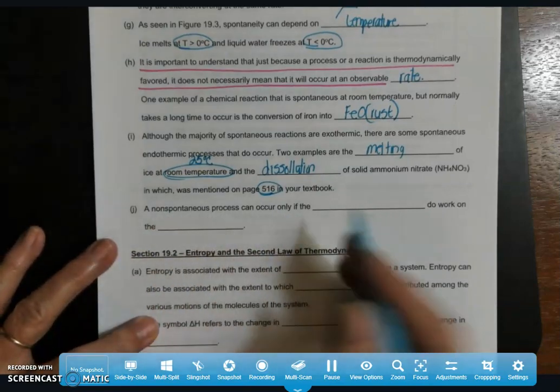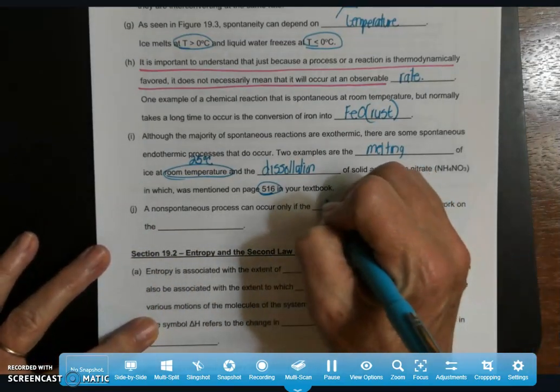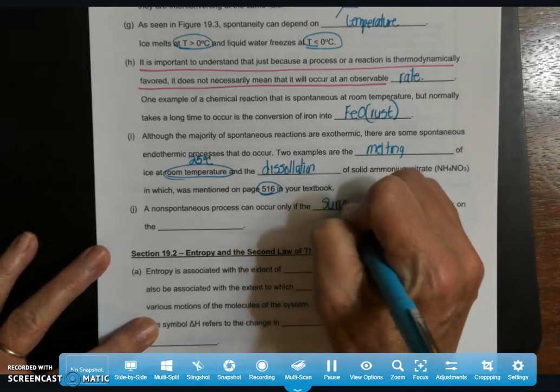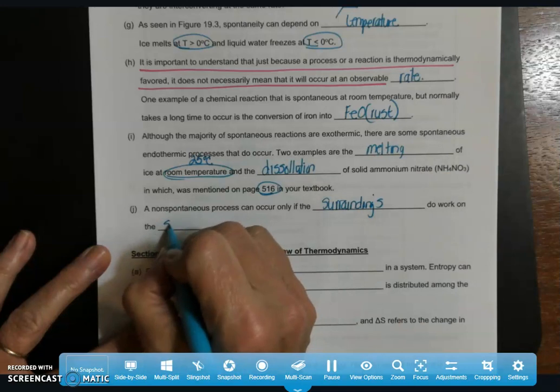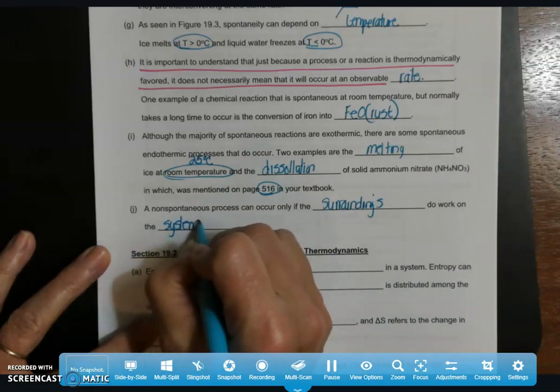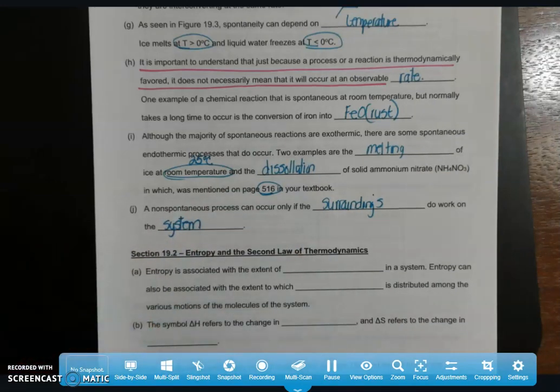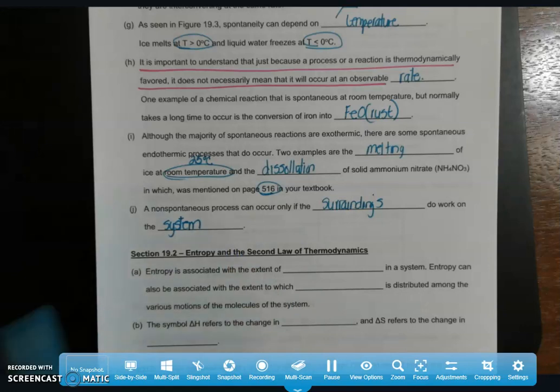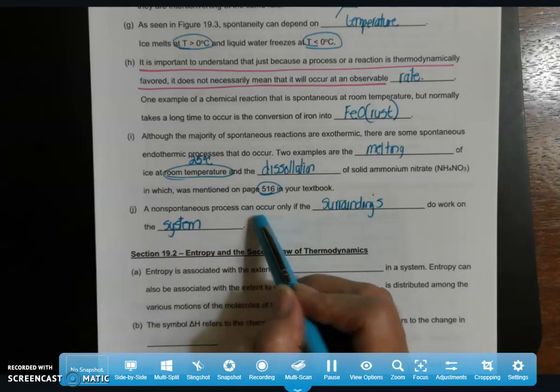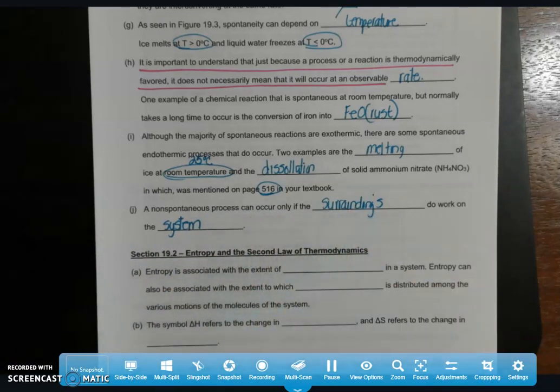A non-spontaneous process can occur only if the surroundings do work on the system, not me. So the temperature of the system, maybe the pressure of the system, will cause it.